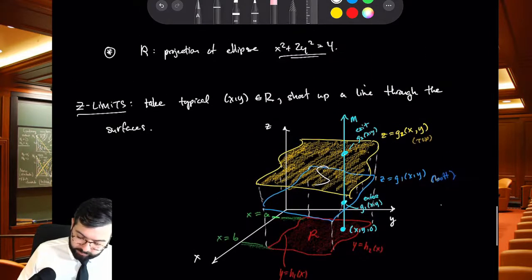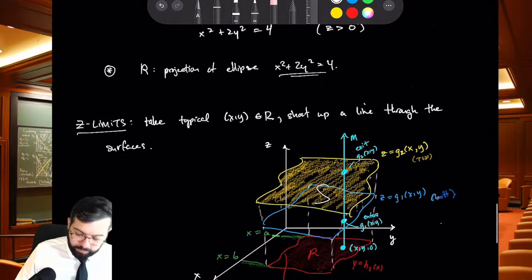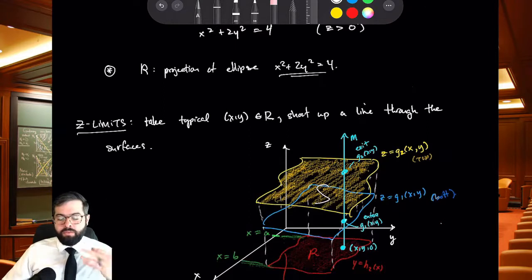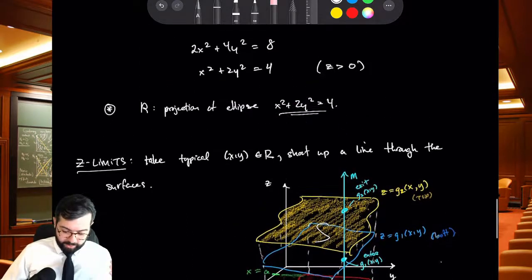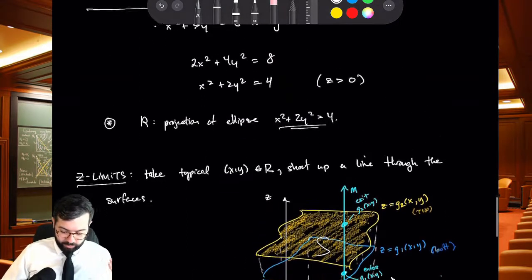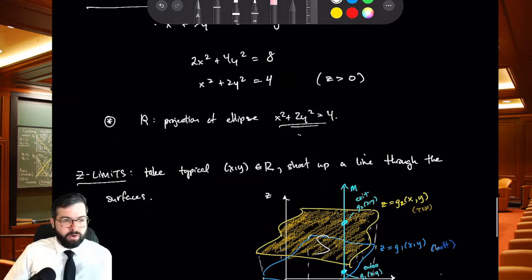So for us, if you don't have a good visual sense of this in your head or sketched out, pick a point that's in the region R. Since we know this region R is this ellipse, you know the origin's included here. That's a nice easy point.